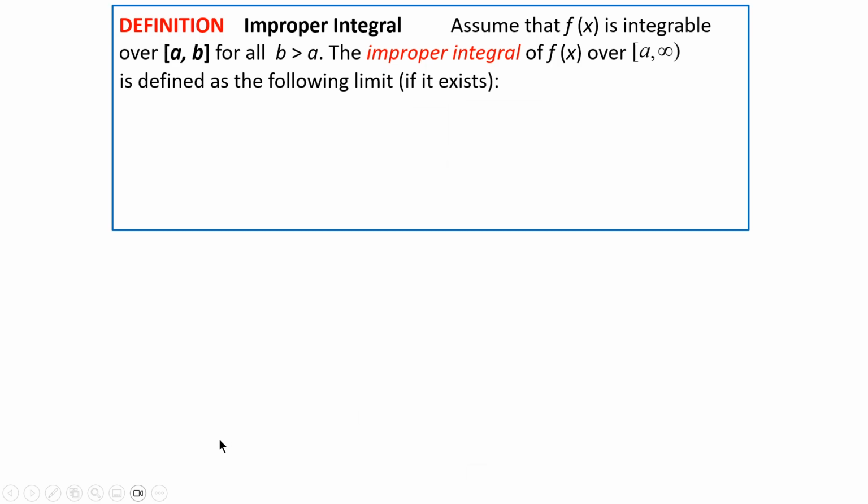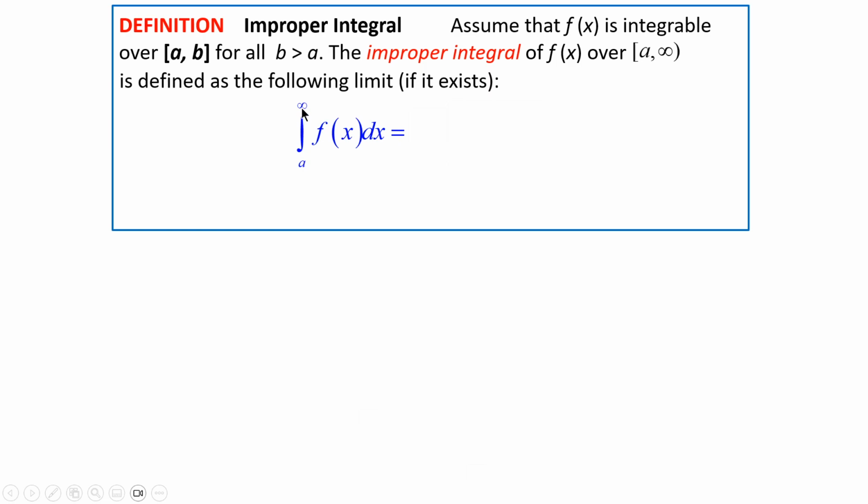Okay, so here's your definition. Improper integral. Assume that f of x is integrable over the closed interval from a to b for all b greater than a. The improper integral of f of x over the half-closed interval from a to infinity is defined as the following limit if it exists. So here we go. We're going to infinity right there.